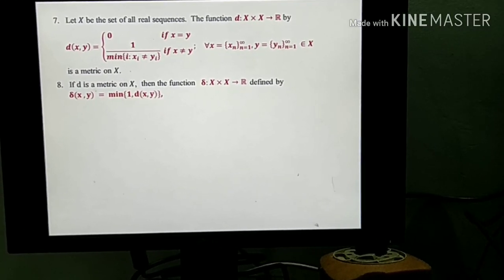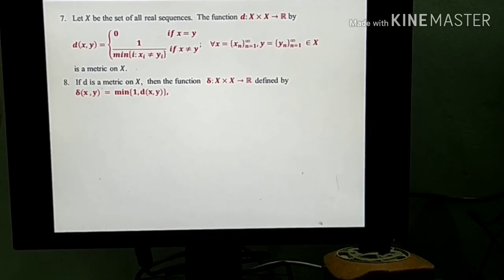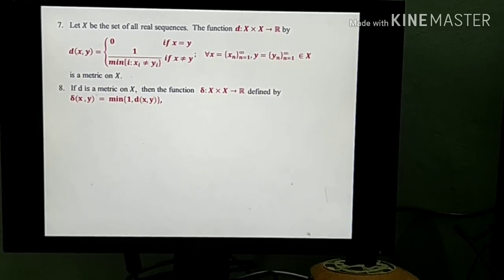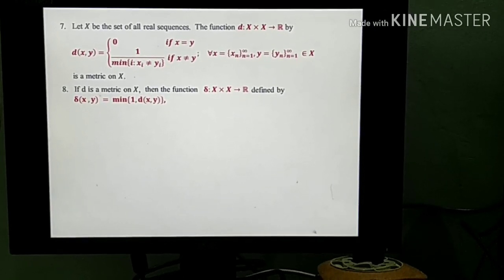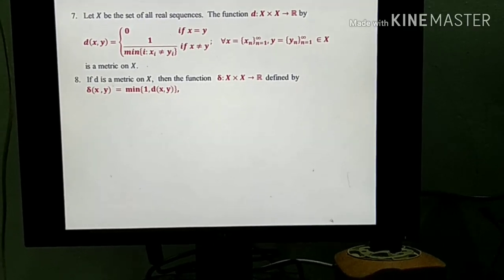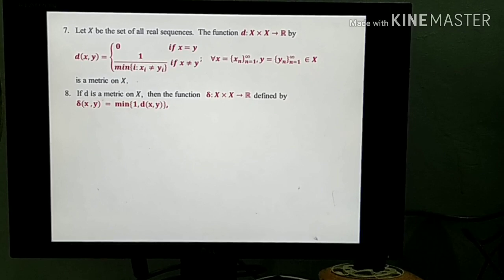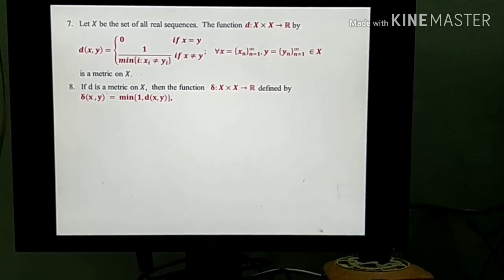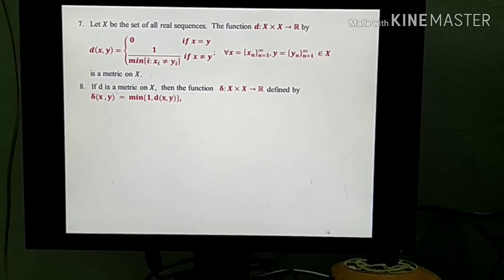For the fourth property, we have to take three elements x, y and z of X and consider delta xz. Then this delta xz is equal to minimum of 1 and dxz. Now this dxz, as d is a metric on X, can be written as less than or equal to dxy plus dyz.